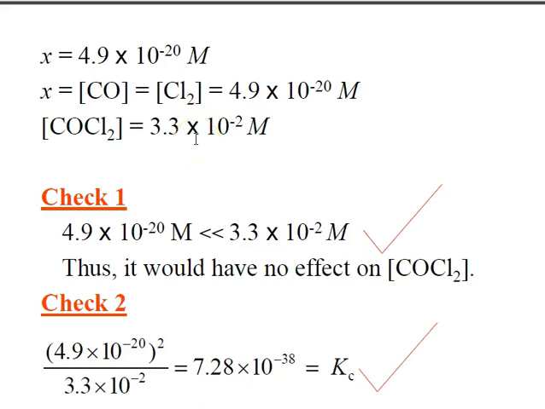But again, if you put that in your calculator, it wouldn't register any change in the concentration. So if you look, the value of x is so much smaller than your original, it would have no effect. And if you plug it back in, you'll get the same Kc value again. So that is a good check that you can eliminate x.